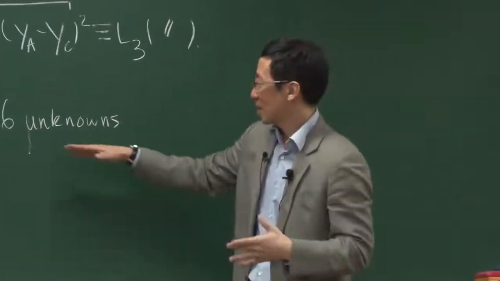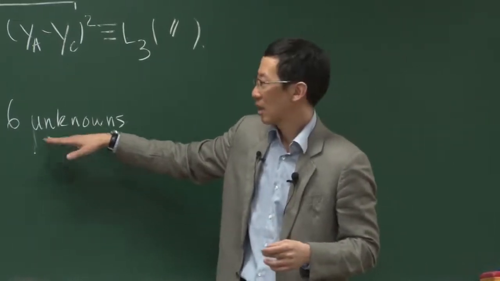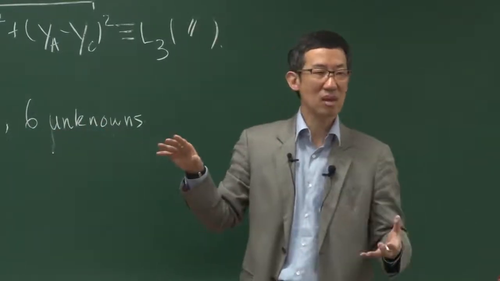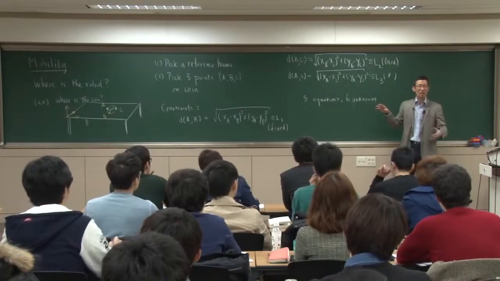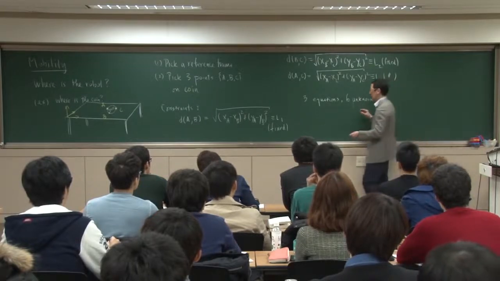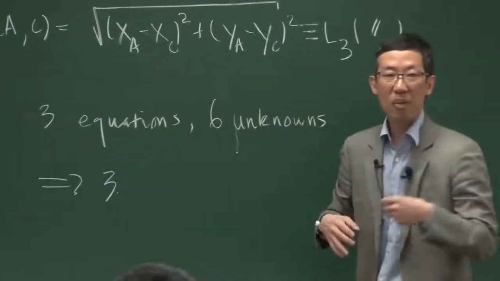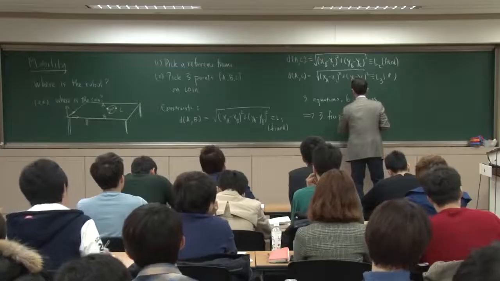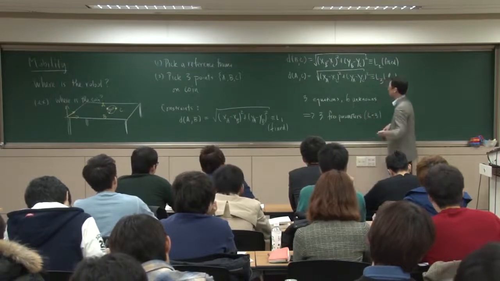In math, you've seen this kind of reasoning quite frequently, right? 3 equations, 6 unknowns. So that means that in general there's not a unique solution. In fact, we have 3 free parameters, from 6 minus 3.